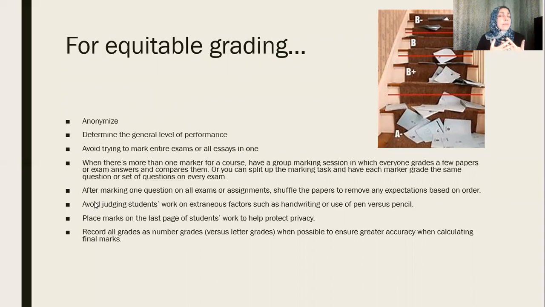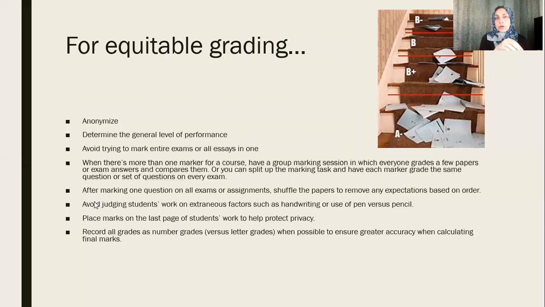When, for example, we have faculty and we have facility, maybe you would want more than one faculty to grade the same assignment. That would be more fair to students. If you can't do that, then maybe the failed assignments should be remarked by someone else. I would advise you do that just for the sake of our students. Avoid judging things that should not be judged, like for example what kind of pen he used, the handwriting, all that stuff.